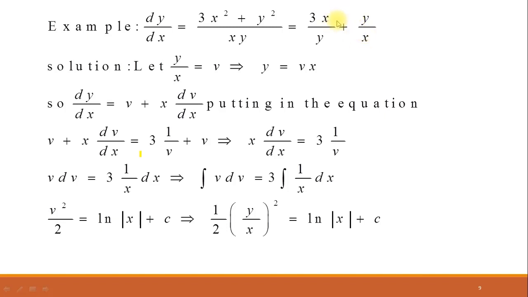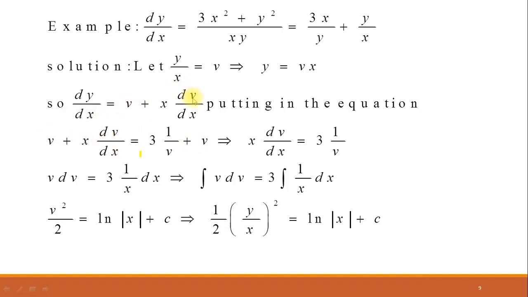Now how to solve this homogeneous differential equation? Using the substitution y/x = v and y = vx, taking the derivative of this expression by product rule, we get dy/dx = v + x dv/dx. Putting this substitution into the given differential equation, we get v + x dv/dx = 3(1/v) + v.